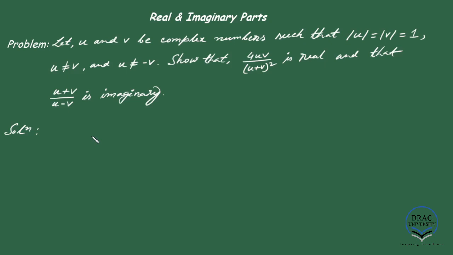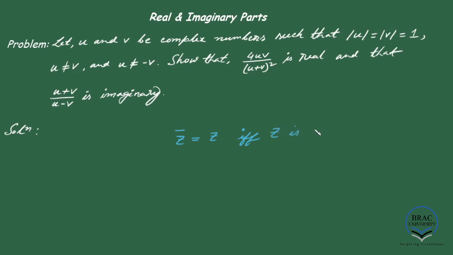In order for us to show that, we can recall one of the properties of complex numbers that we discussed in one of the previous lectures. Let me remind you briefly. If we have a complex number z, and if I take the conjugate of that number and it produces z itself, the positive z, that will happen if and only if z is real.